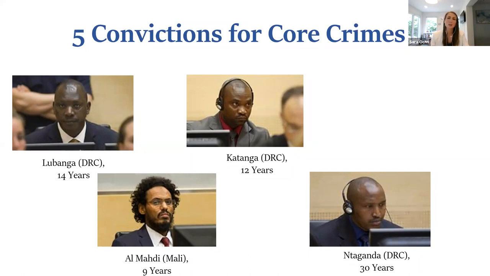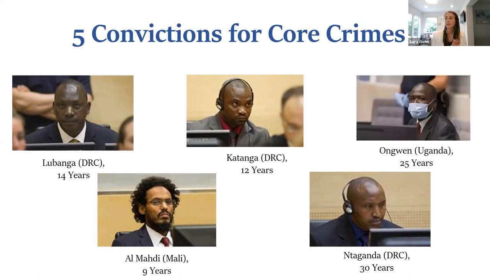And that case was really interesting as well, because it showed that you can be convicted for war crimes of sexual violence against both men and women, so members of the opposite and of the same sex, as well as members of your own force. So Ntaganda was convicted of committing crimes of sexual violence against members of his own force, and this was a really heavily debated topic, but ultimately the court found that to be a war crime. He was sentenced to 30 years, so he got the biggest sentence out of all of them, still no life imprisonment, however.